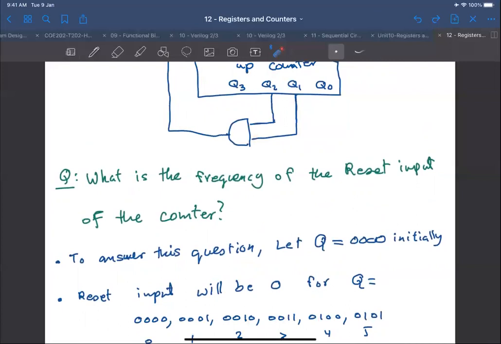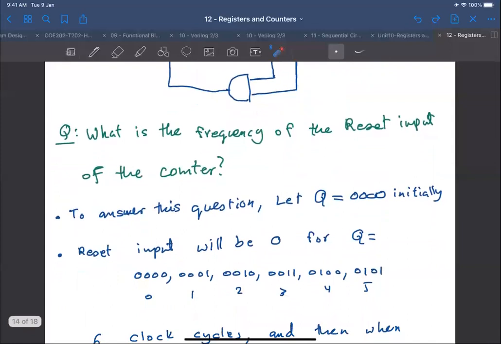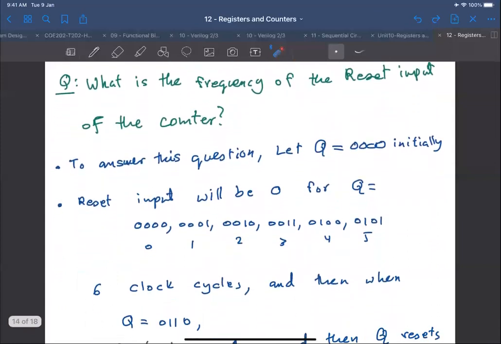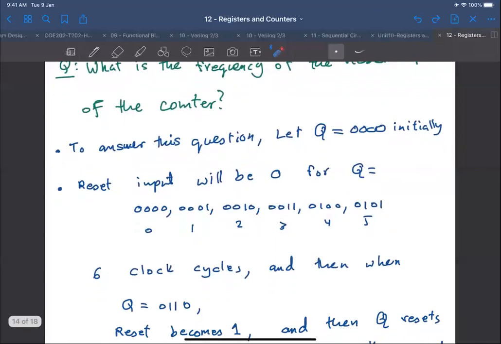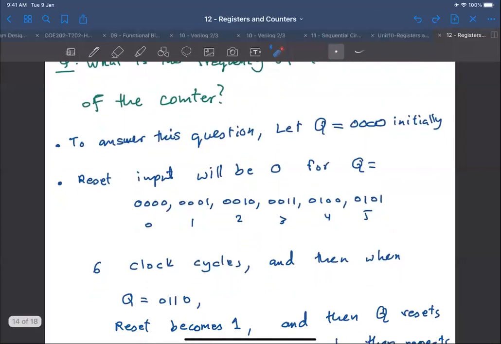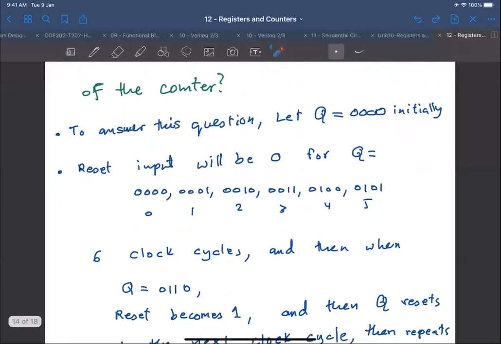You see that? Then what happens? We reach 6. Once we reach 6, the signal becomes a 1, because the ANDing of these two becomes a 1. So the signal is 0 for all of these values, and then it becomes a 1 for the 7th clock cycle. So we have 6 clock cycles, and then 1 clock cycle.